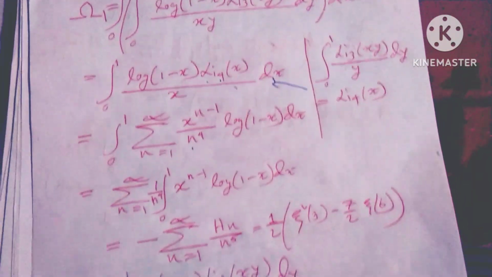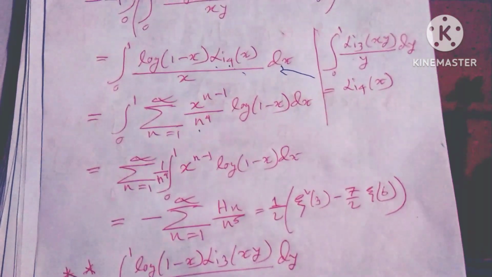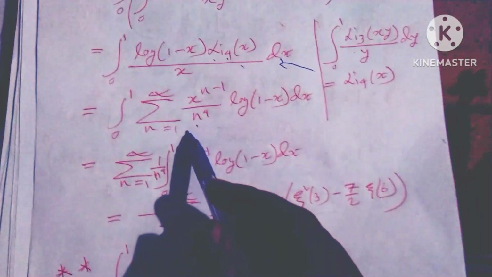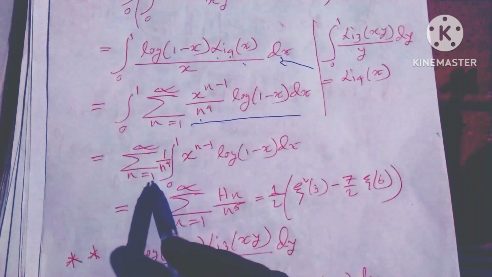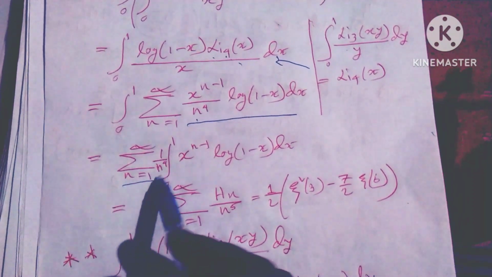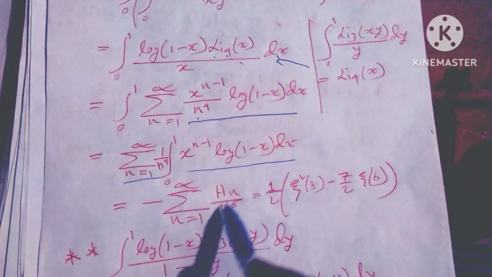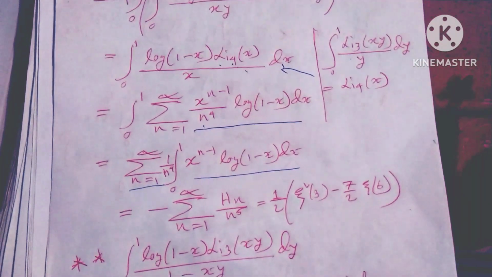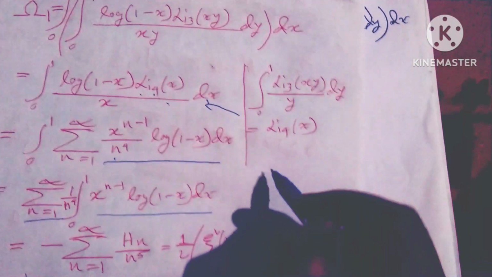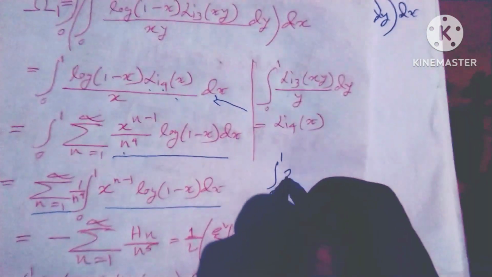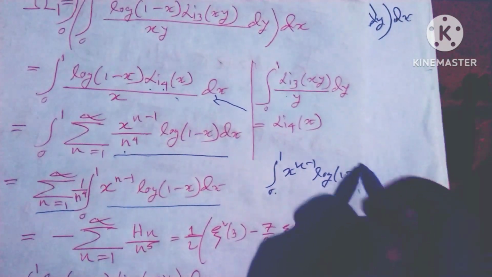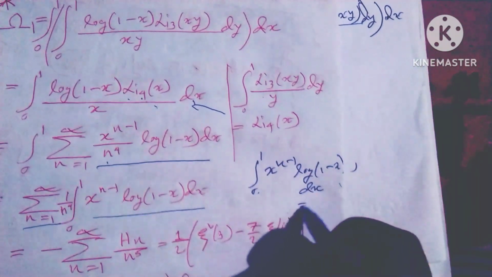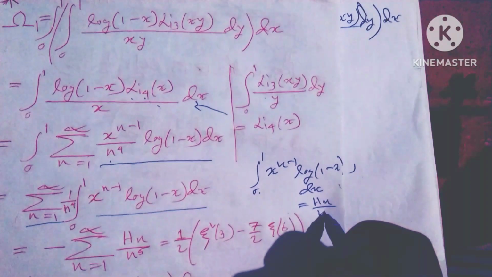I think I can clear this up: x to the power n minus 1 times log(1 minus x), and after that 1 by n to the power 4, x to the power n minus 1 log x. This is the H_n, because the H_n formula is the integral from 0 to 1 of x to the power n minus 1 log(1 minus x) dx equals minus H_n by n.